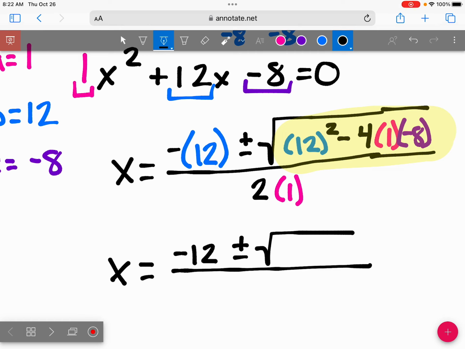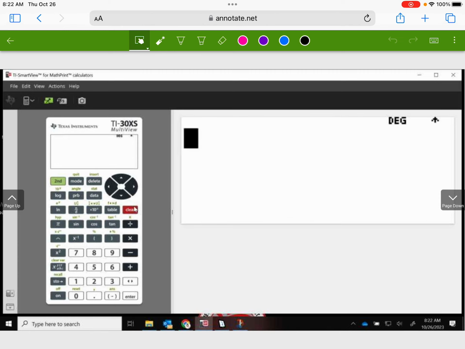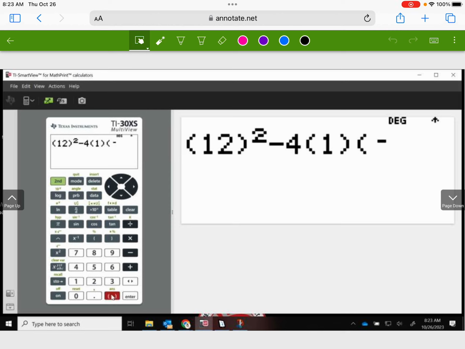All right. Our calculator should be loaded. There we go. So we're going to do our 12 squared minus 4 times 1 times negative 8.